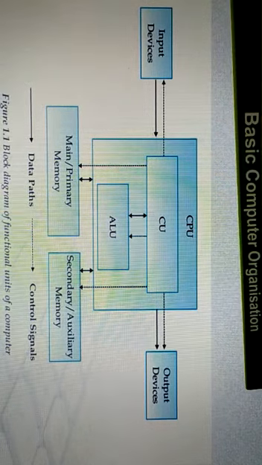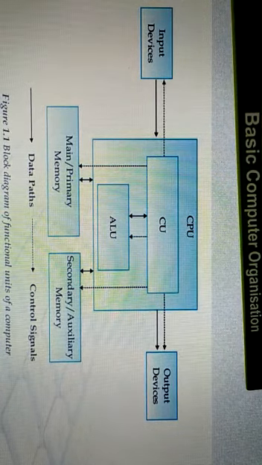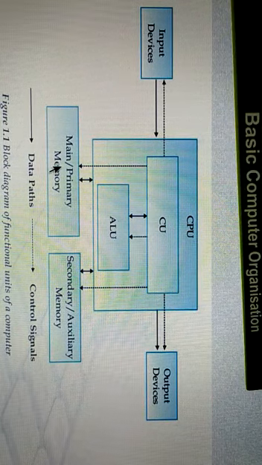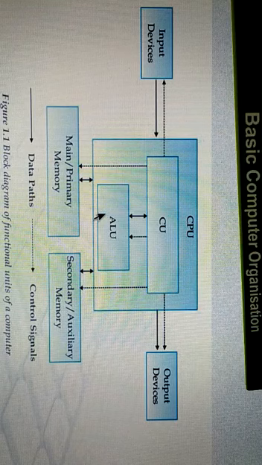There are many types of registers that are used for processing. After decoding, the control unit instructs the ALU to carry out the processing of the given instructions.